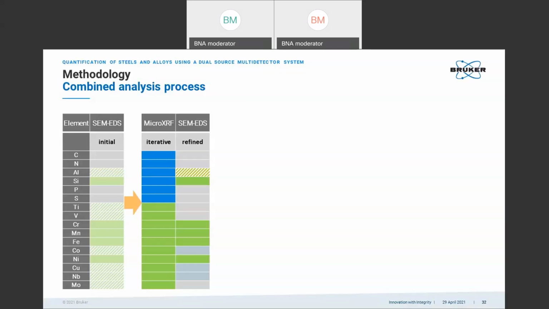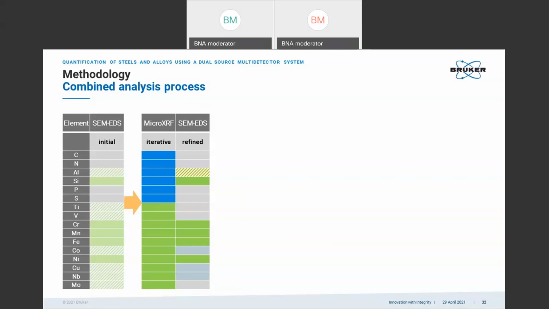So this was our initial value, and this was the basis for micro XRF. We then determined the transition metals with micro XRF, and we got good data, shown here in green, from titanium at 4.5 keV down to molybdenum at 17.4 keV.